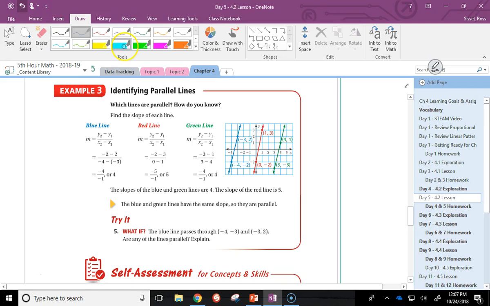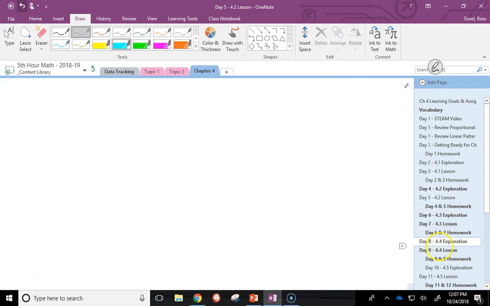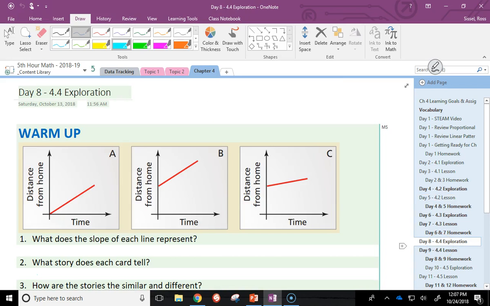The blue line's slope was -4 over -1, or the slope was 4. When I went to here, I had 5. And when I went to the green line, I went 4. It looks like they're all parallel, but they're not. Which 2 lines are parallel?